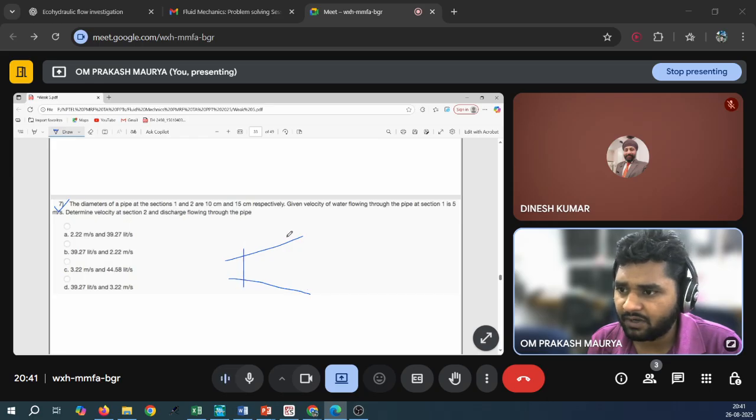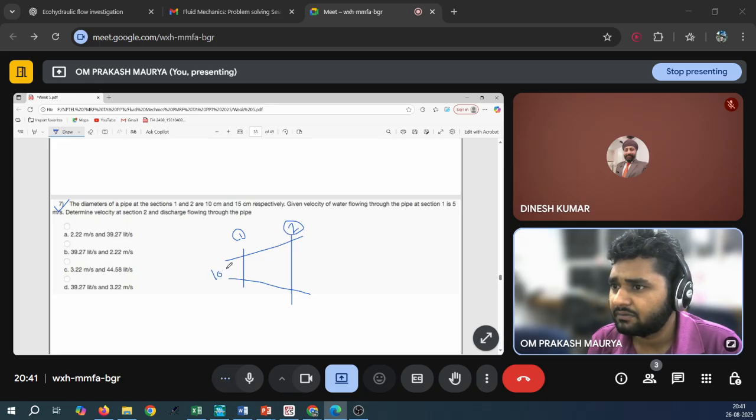Here is section 1 and section 2. Here the diameter is 10 centimeter, and here the diameter is 15 centimeter. The velocity at section 1 is 5 meter per second.